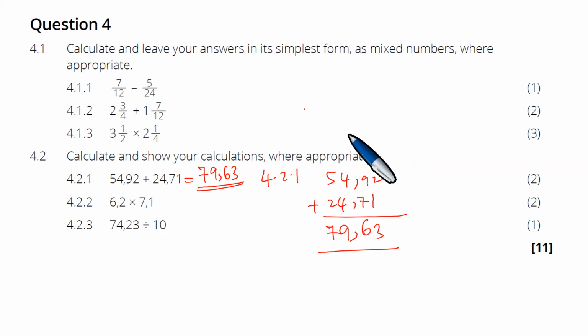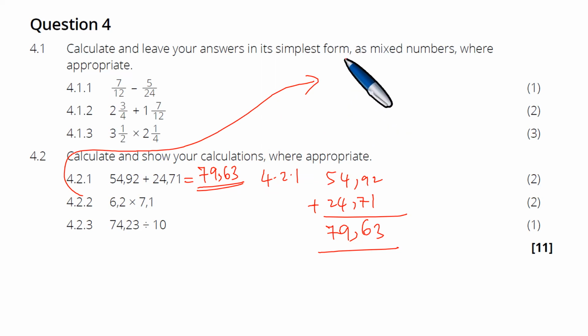Okay, so obviously in view of the question 4.2.2, there are a couple of ways to multiply those. Right, so if you have 6,2 and then we have 7,1, multiply like this.